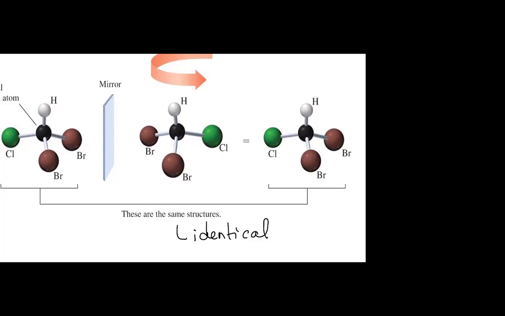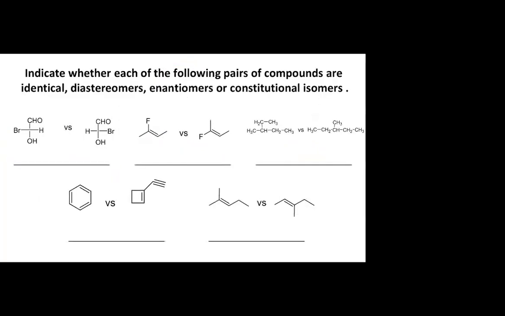So first, I want to go over a problem in which you are given pairs of molecules. And we need to determine if these pairs of compounds are either identical, diastereomers, enantiomers, or constitutional isomers, okay?